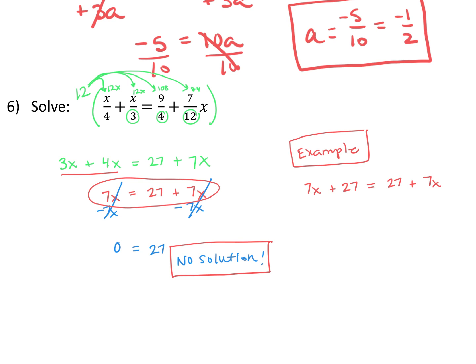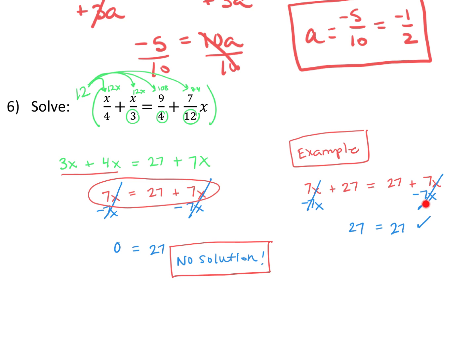We can continue solving mathematically. We can subtract the 7x from both sides. 7x minus 7x is 0. We carry down the 27. 7x minus 7x is 0. We carry down the 27. And see how we have 27 equal to 27? Well, that is true. What that means is it does not matter what value we plug in for x.